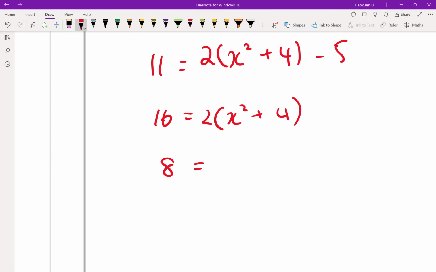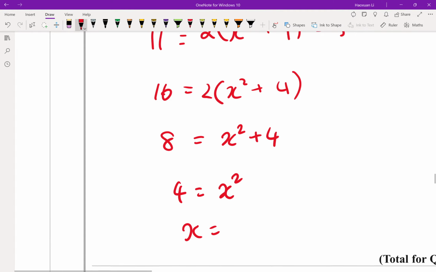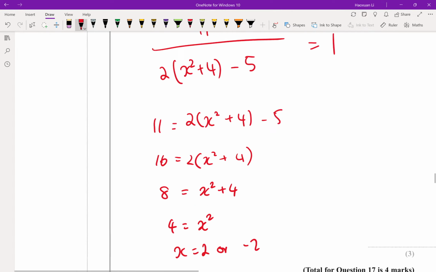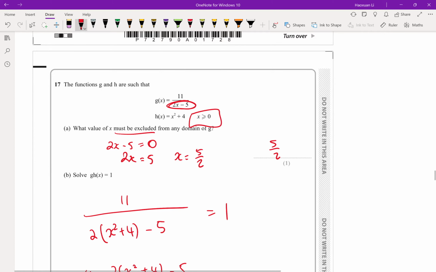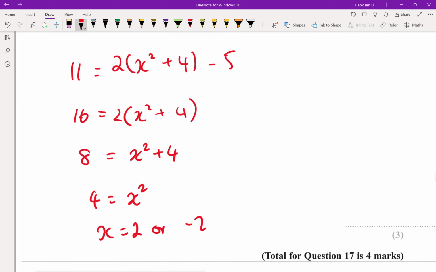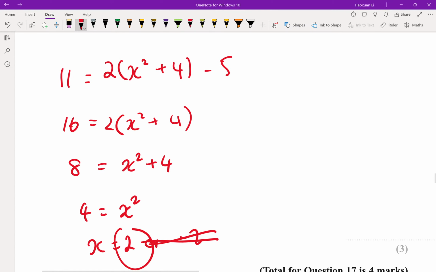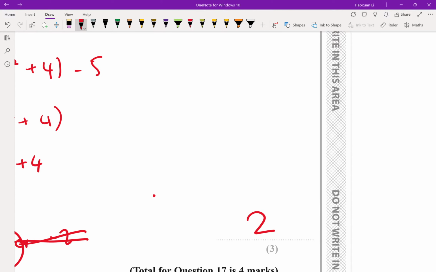Divide both sides by 2, minus 4 from each side, so x equals 2 or negative 2. But since it says x is bigger than or equal to 0, you cannot have negative 2. So x equals 2.